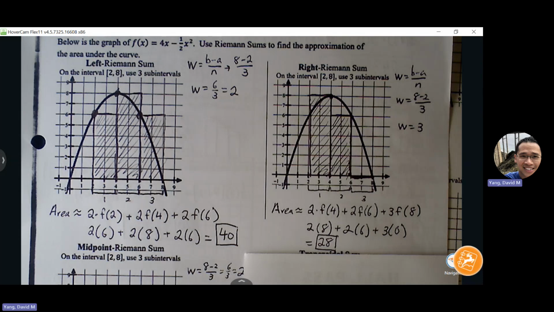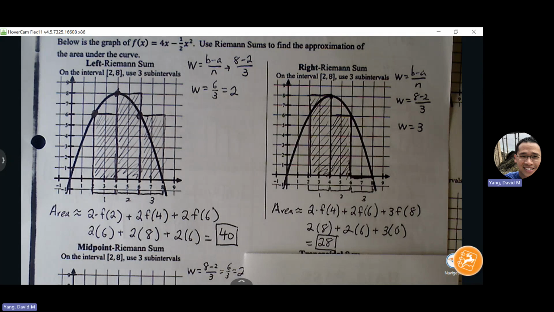How do you know which one's a better approximation? We don't have to worry about that between left and right; we're not going to be able to tell that much.